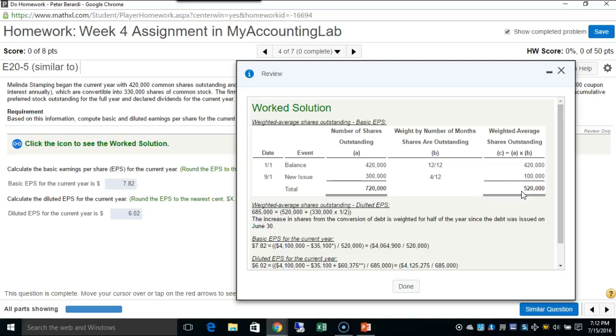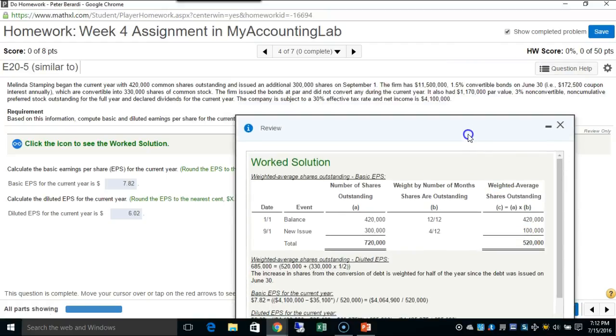Now the numerator for your earnings per share is going to be the 4,100,000 net income minus the preferred dividend requirement. The preferred dividend requirement is the 1,170,000 par value at 3% non-convertible, I'm sorry.